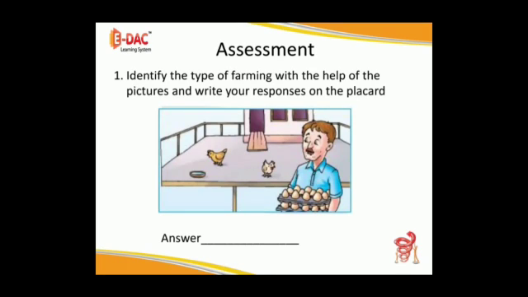Assessment: identify the type of farming with the help of the pictures and write your responses on the placard.